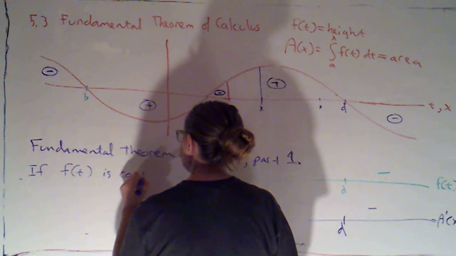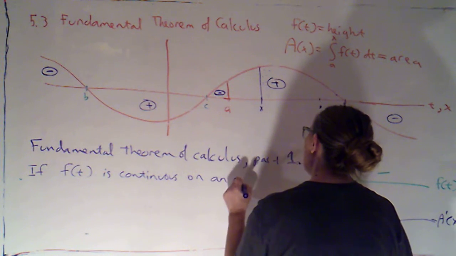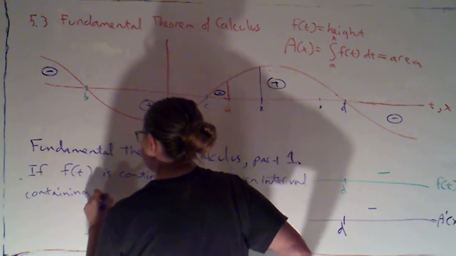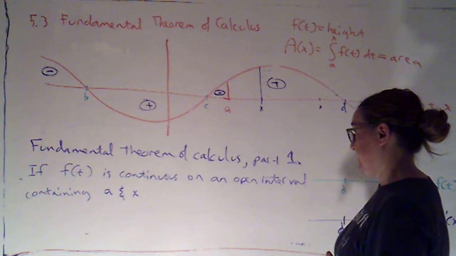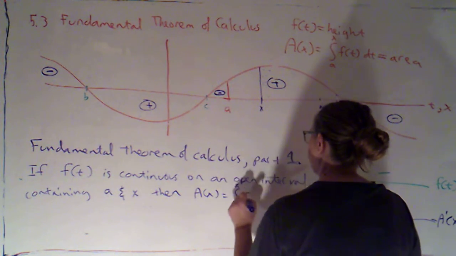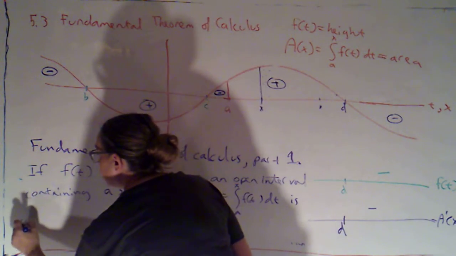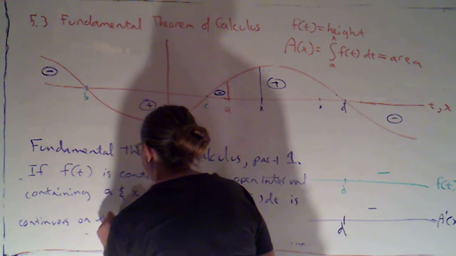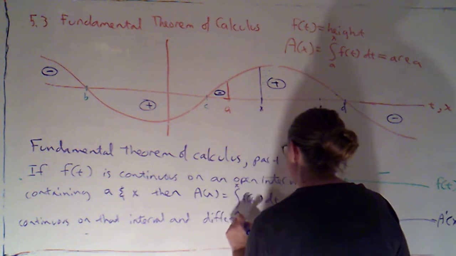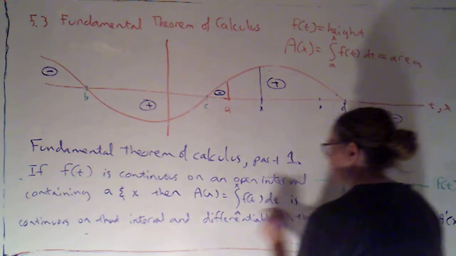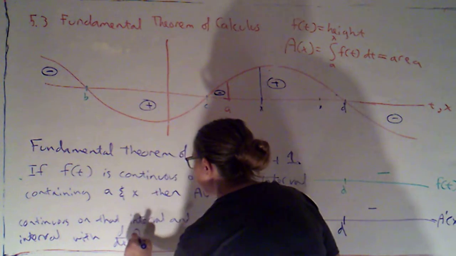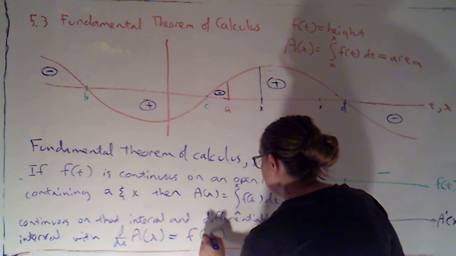If f of t is continuous on an open interval containing a and x, then A of x, which is the integral from a to x of f of t dt, is continuous on that interval and, more importantly, differentiable on that interval, with the derivative of A of x equaling f of x.